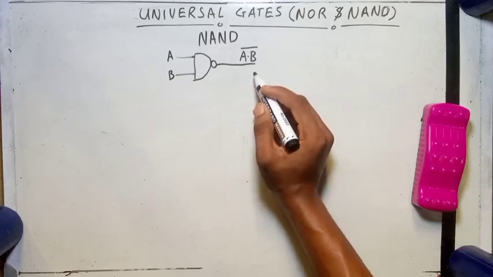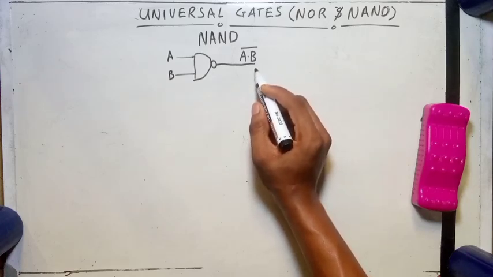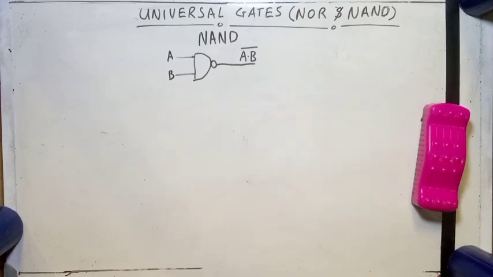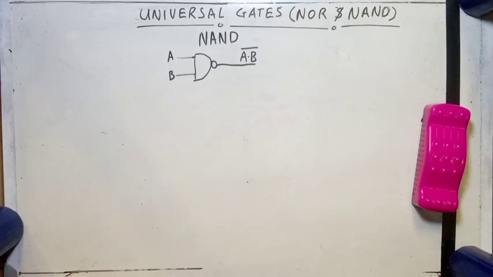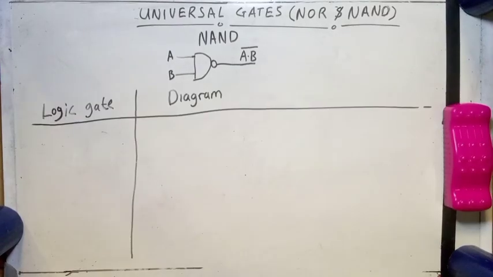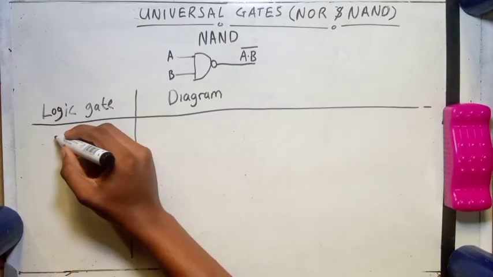Now we have achieved this. So we are going to be making the diagram of the other ones, using the NAND to implement every other logic gate. Okay, so let's start with NOT.